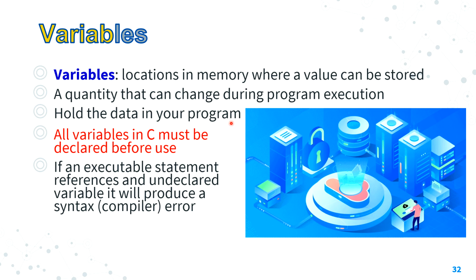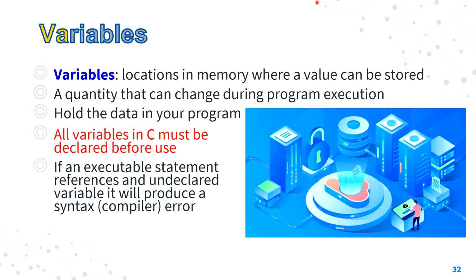One very important rule in C is that all variables must be declared before they are used. Declaring a variable tells the compiler two things: first, what the name of the variable is, and second, what data type it will store. If we try to use a variable without declaring it first, the compiler will produce a syntax error and the program will not compile.